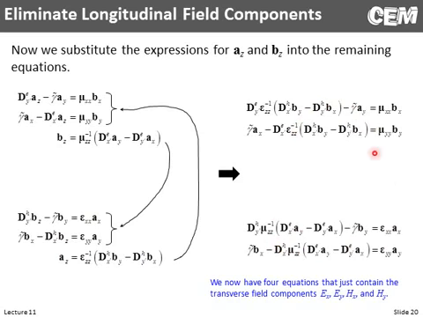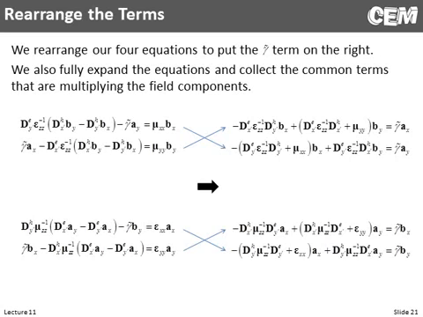They're only containing the transverse field components, the EX, EY, HX, and HY, which in fact we're expressing as AX and AY, BX and BY. So all we're doing here now is rearranging first the order of the equation. So this equation will end up here, and our first equation will end up being second. So we swap the order, and we're also rearranging terms.